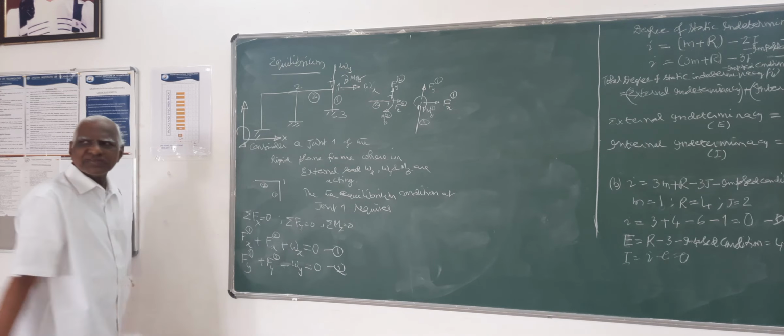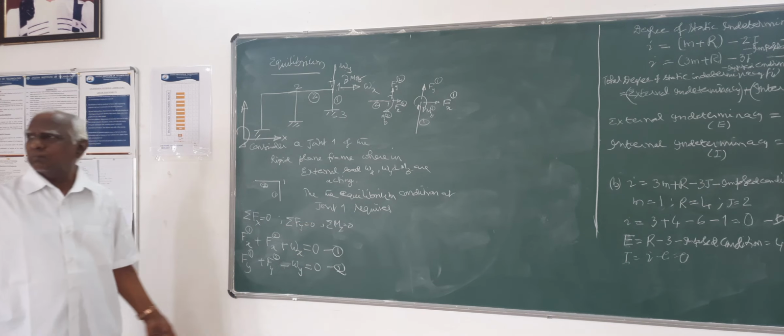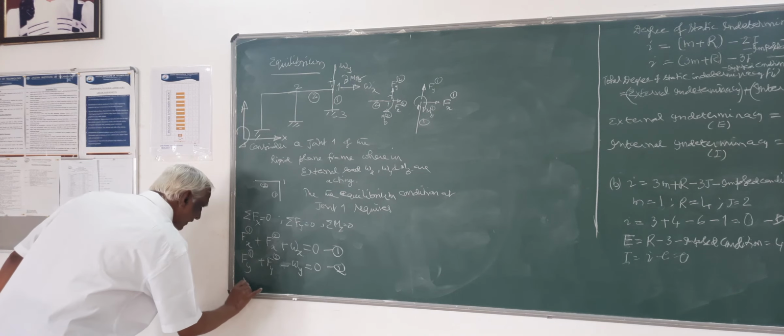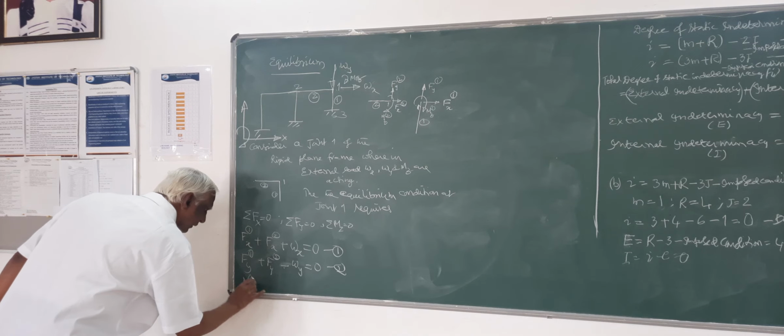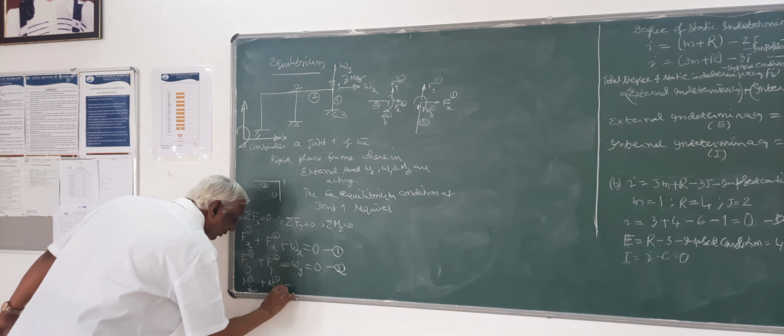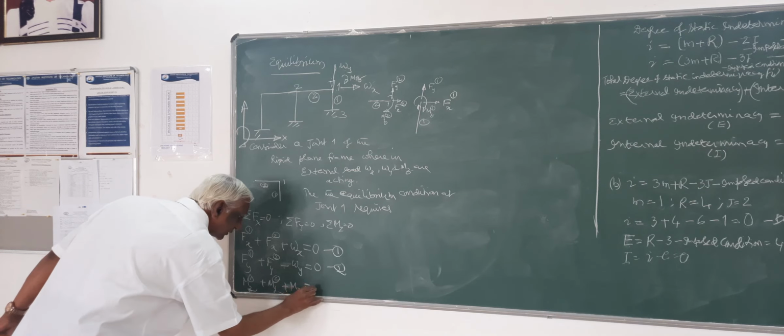That is sigma Fy equal to 0. Sigma moment equal to 0, 3 equations. So that is Mz1, Mz2, plus Mz equals 0.